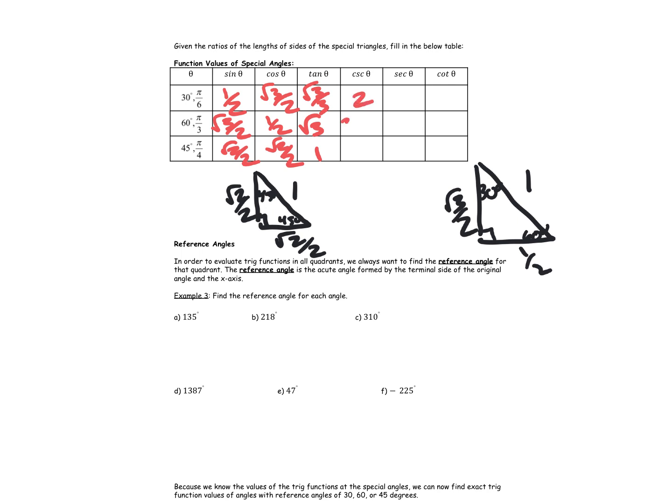Cosecant is 2, 2 root 3 over 3, then we've got root 2. Secant will be 2 root 3 over 3, 2 and root 2, and then finally cotangent root 3, root 3 over 3, and 1. All right, so make sure that table is correct.